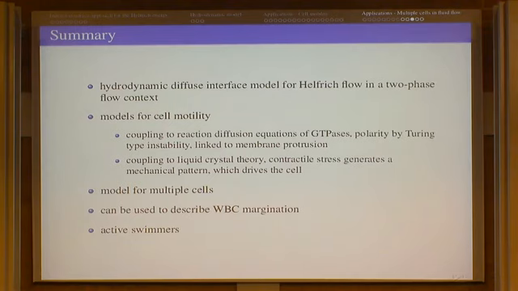For cell motility, we coupled this problem with a diffusion equation for GTPases, and we were able to describe membrane protrusion. We also coupled it to a liquid crystal theory, and then we could also describe the contractile stress, which is supposed to be responsible for cell motility, and also red blood cell margination.